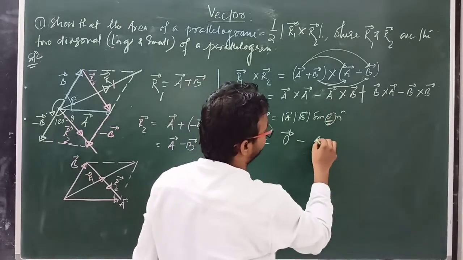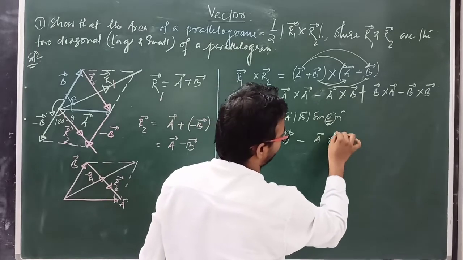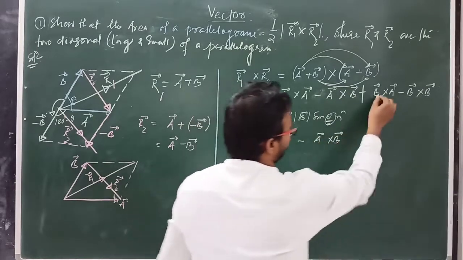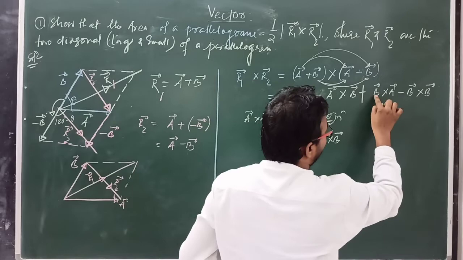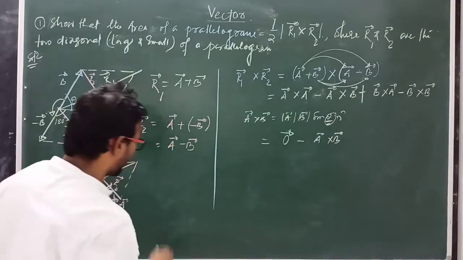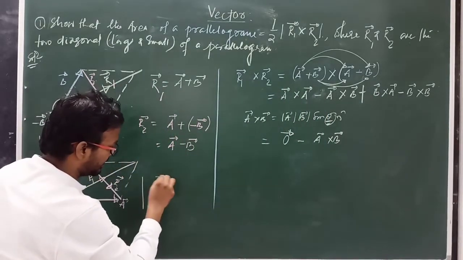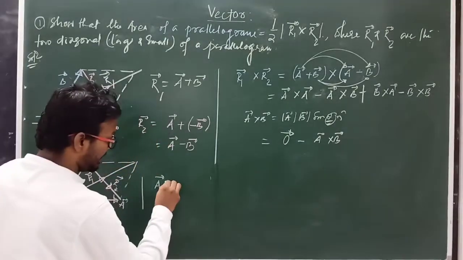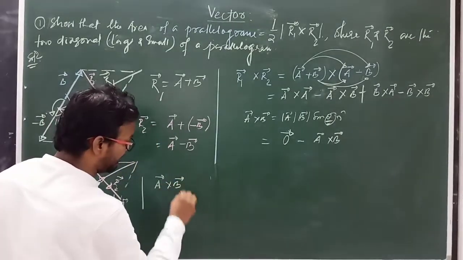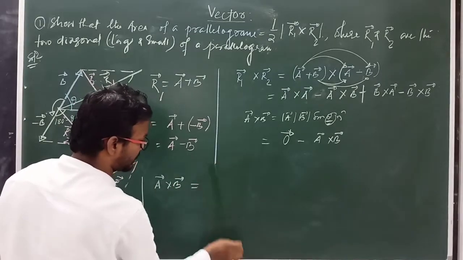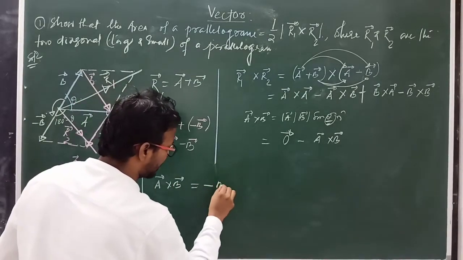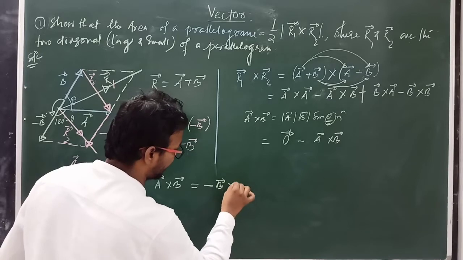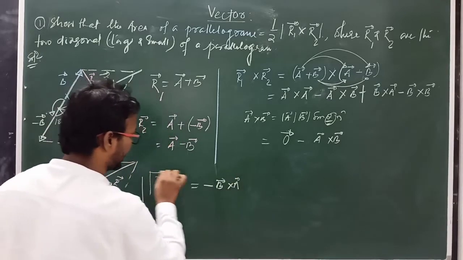So we can write A cross A equal to 0 vector. Similarly A cross B: we have one property, that it does not obey the commutative law, meaning A cross B equals minus of B cross A. You can write this format.